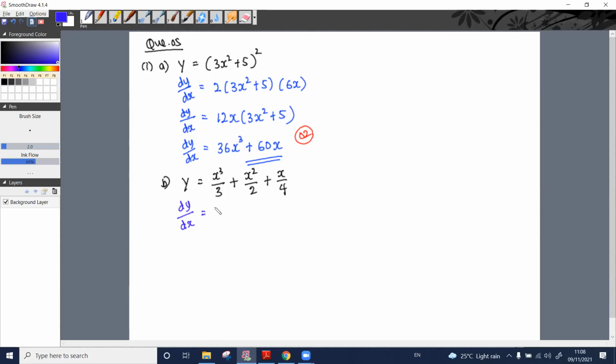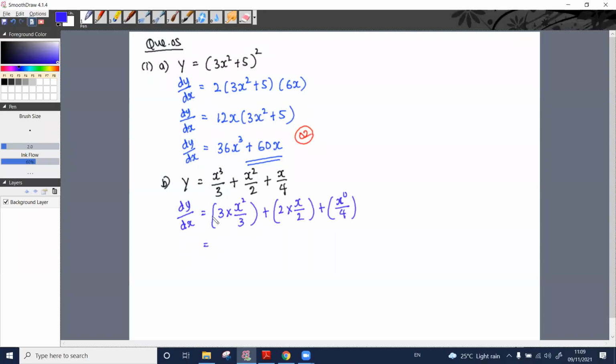Multiply by the power value. If I take the first term, 3 into, and deduct 1 from the power value, then it will become 2 here. Second term, multiply by the power value, deduct 1 from the power. Third term, multiply by the power value, deduct 1 from the power, then it will become x to the power 0 over 4.